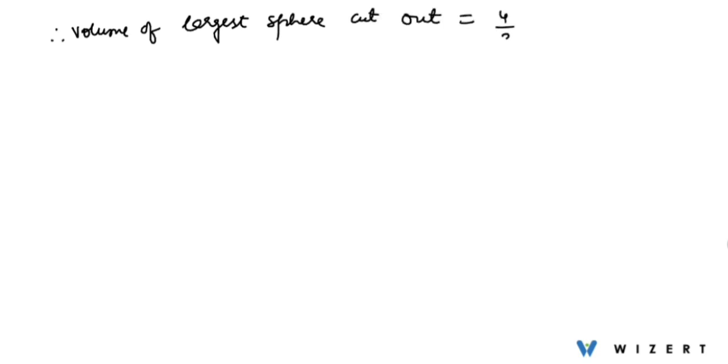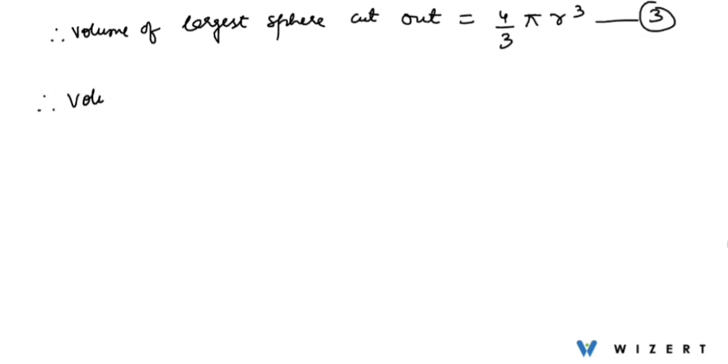Therefore, if we want to find the volume of this largest sphere, we know that the volume of a sphere is given by 4 by 3 pi multiplied by radius cube, and the radius we know is small r. So let this be third equation.